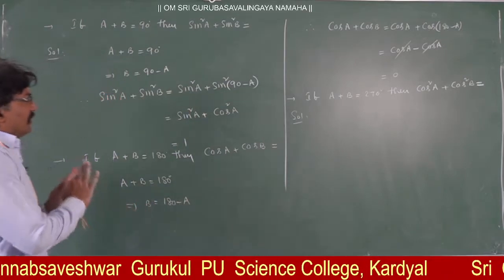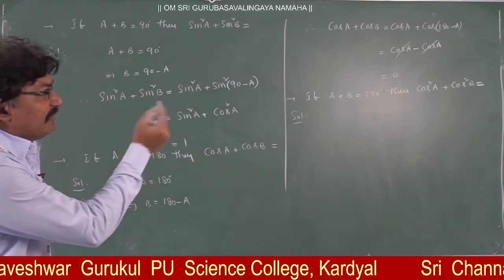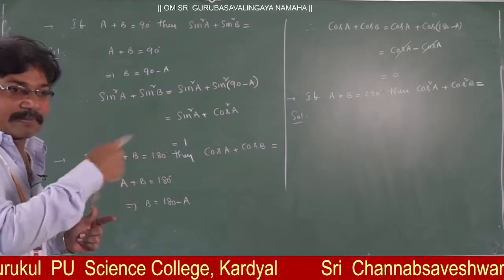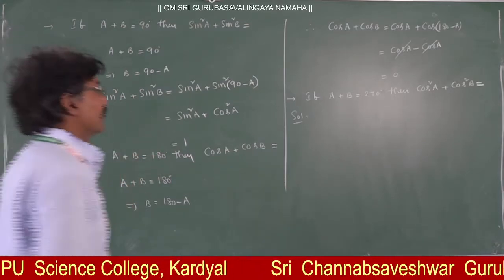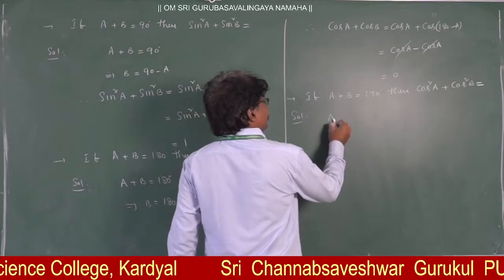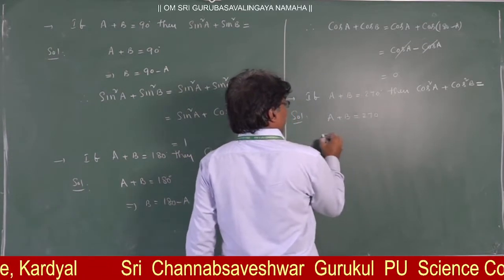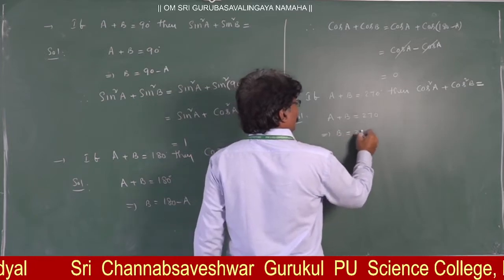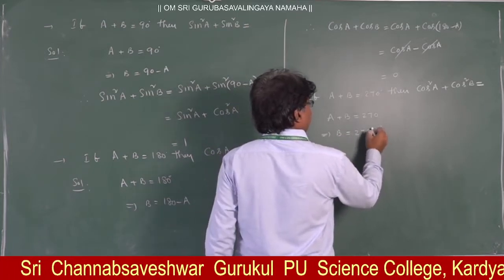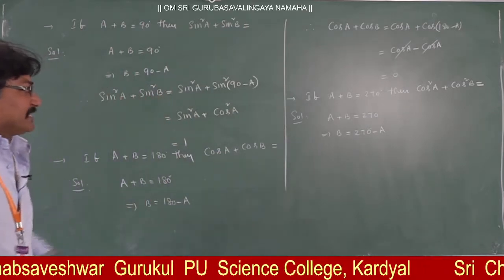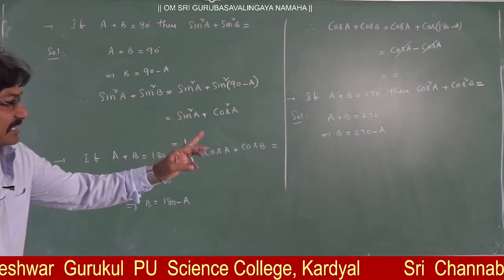So in all the cases, convert the a value, b value in terms of a single function, single value. Then you can apply our known principle. Okay, a plus b is equal to 270 degrees. That implies b is equal to 270 minus a.